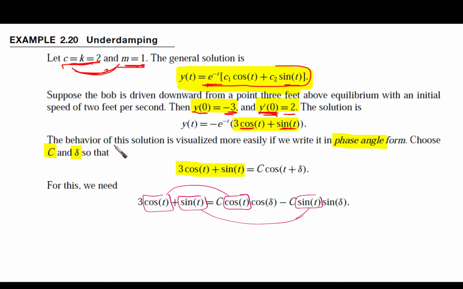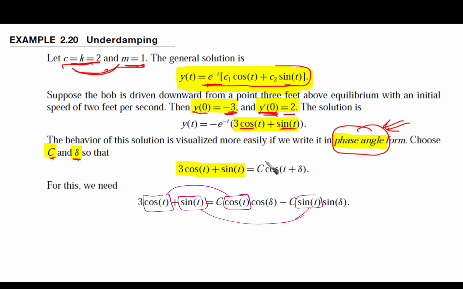The behavior of this solution is visualized more easily if we write it in a phase angle form. Actually, this is a form that we commonly use in mathematics and engineering in general in order to make our equation easy to understand. I'm going to show you how. Let's choose two constants, c and delta, such that this is what we call the phase form.